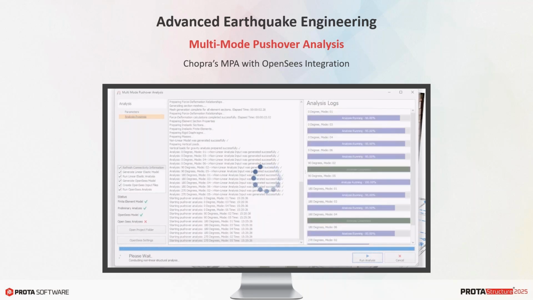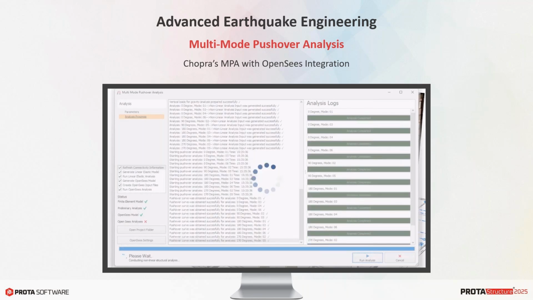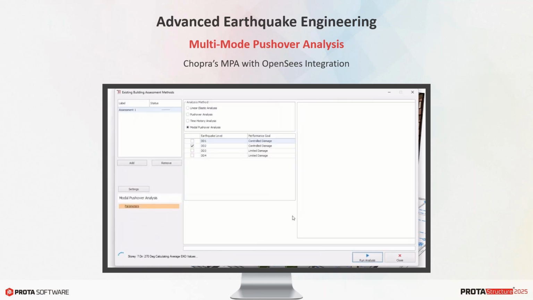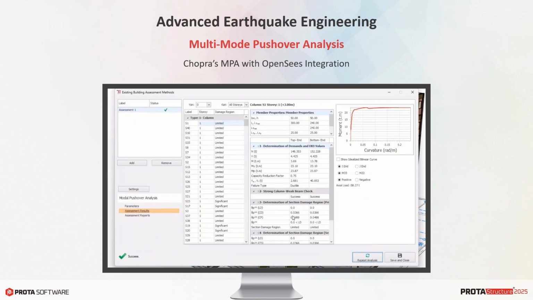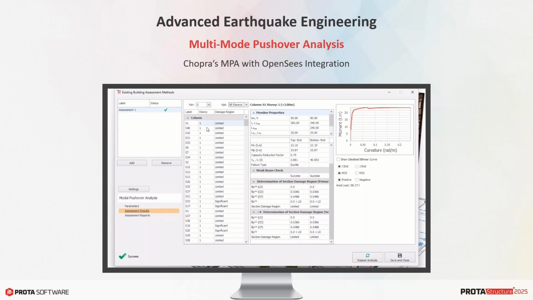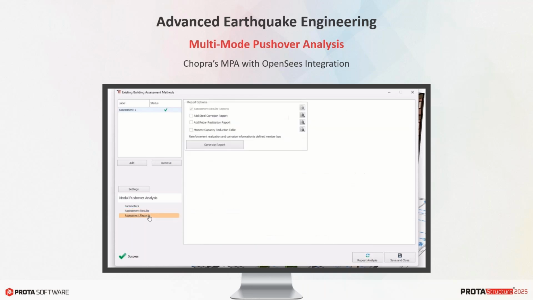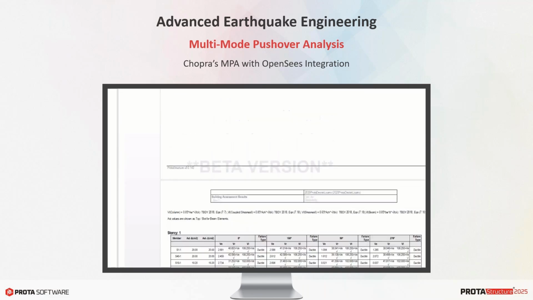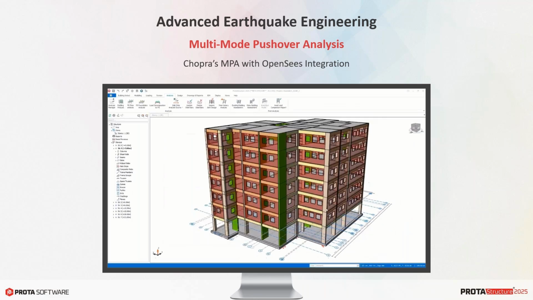In these cases, nonlinear time history analysis is used, but this analysis is computationally demanding, considering the number of accelerograms, acceleration time steps, material nonlinearity, and convergence conditions. Knowing these facts, a middle ground between single mode pushover and full nonlinear time history analysis is the multi-mode pushover analysis.